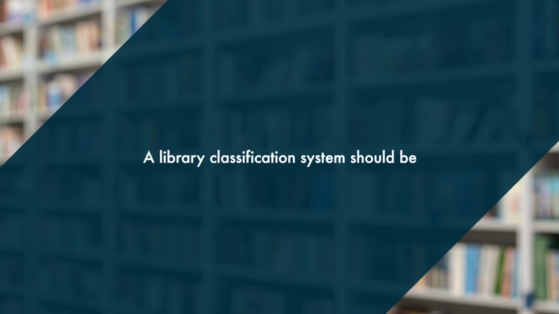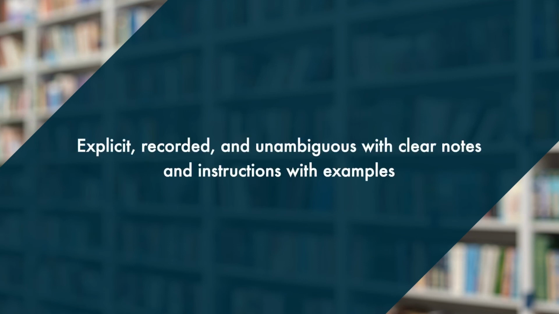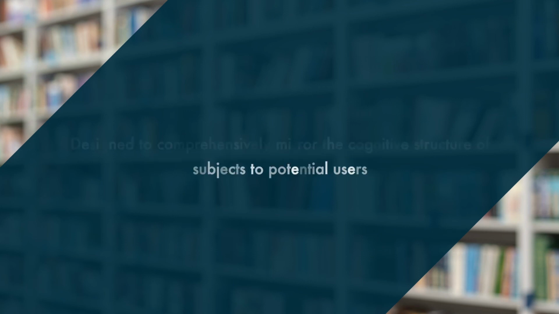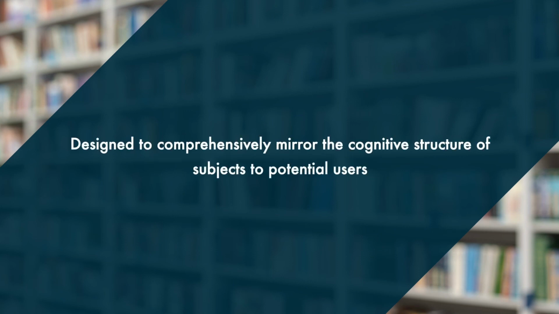A library classification system should be explicit, recorded, and unambiguous, with clear notes and instructions with examples available to both classifier and user, and designed to comprehensively mirror the cognitive structure of the subject to potential users.